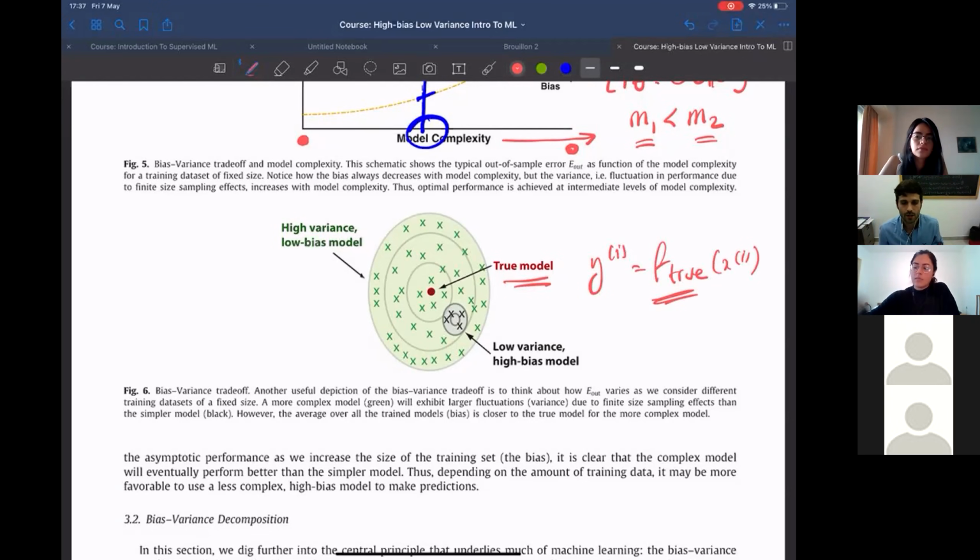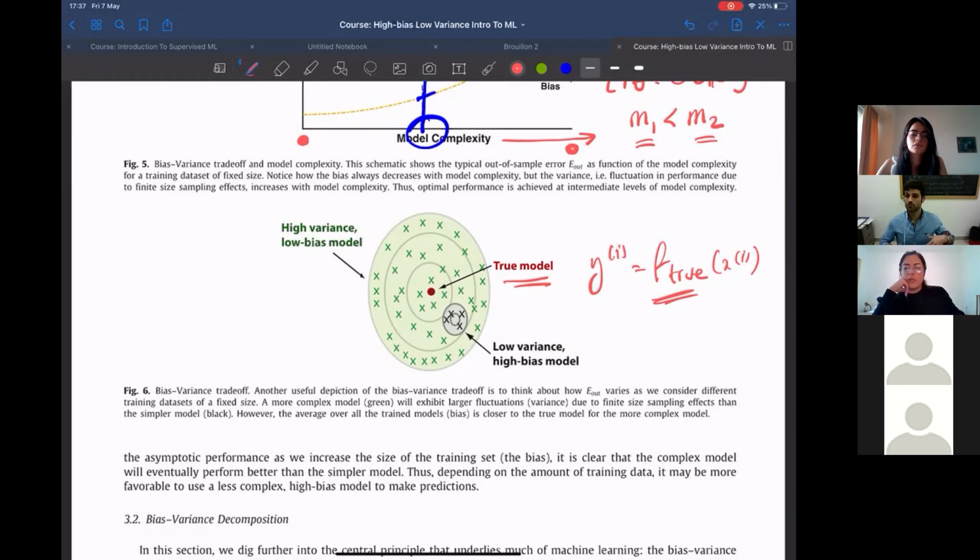And you assume two possible hypothesis classes: one which is rather simple, and one which is much more complex with many more parameters to train.